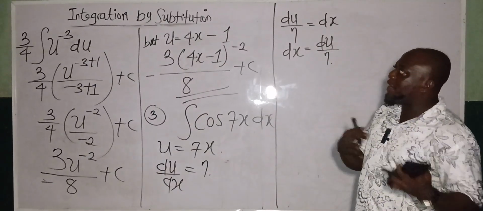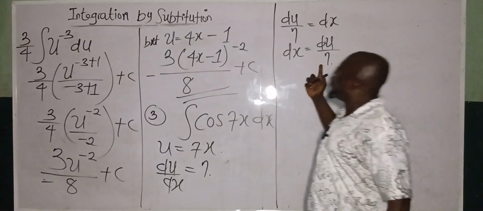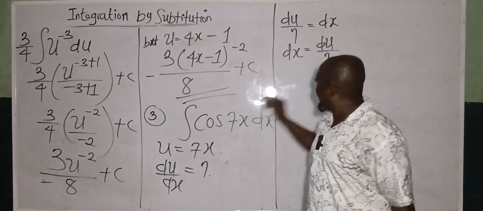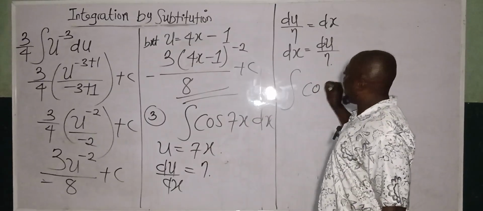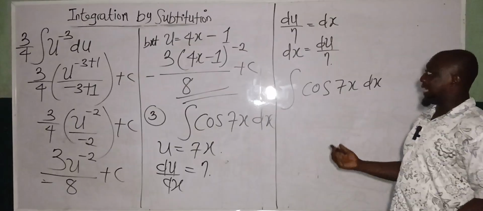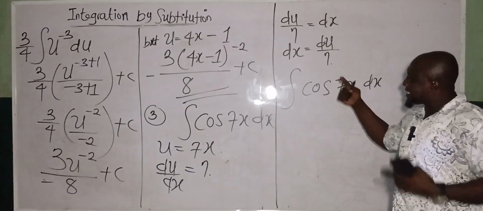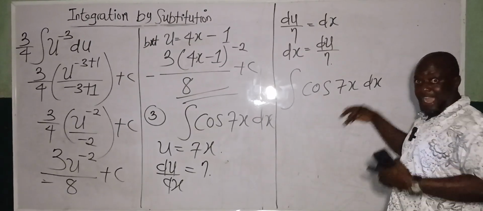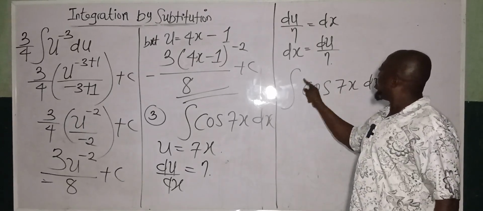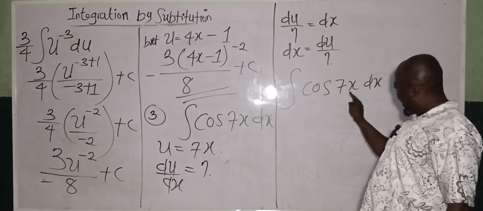Now, what then do we know to do? We would now go back to this point, where we said the integral of this dx. So we can now start solving. We want to remove x now and put u there. So we already know that we said let this one be u.